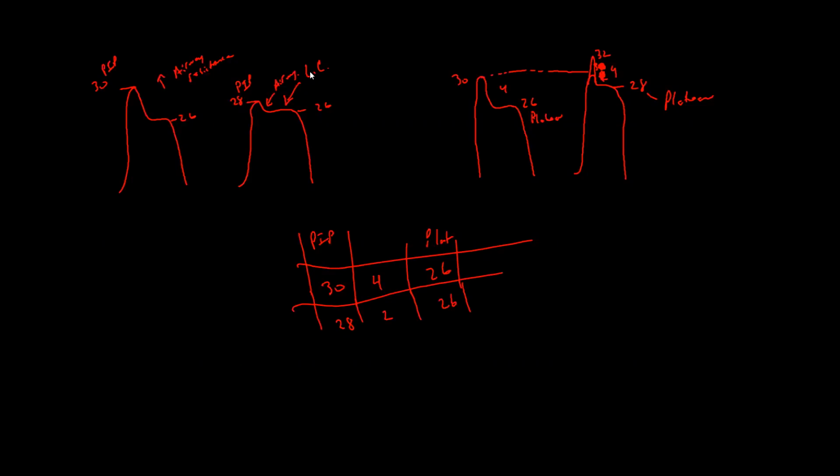It could be that their compliance has gotten so horrible that their pressures have gone up, but usually it's because they need to be suctioned, or they're coughing, or they're holding their breath, or they're biting their tube. Any of those things could cause the peak pressure alarm to go off. Oftentimes it's the patient coughing and whatnot against it. And then if you get a low pressure, you have a disconnect somewhere. You have a leak somewhere in the system.